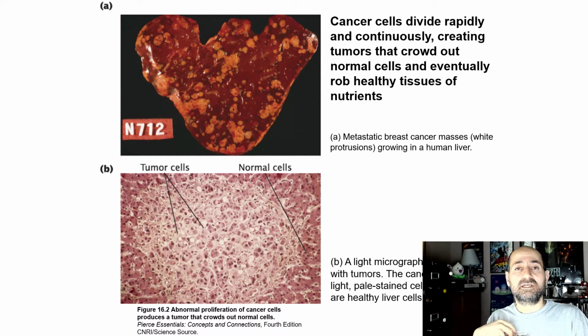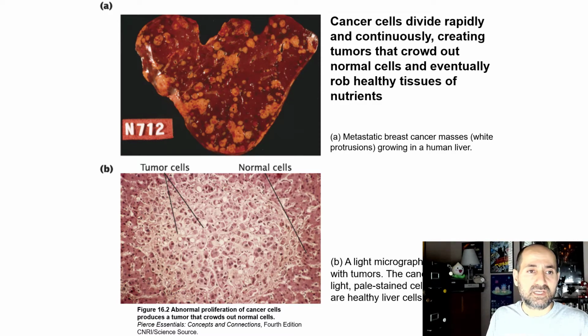At some point, it spreads from a lump in your breast, it spreads to the liver, it spreads to the lungs, it spreads to the bone marrow, it spreads to the spinal cord, it spreads everywhere. That's called metastasis. And that's how they could figure out what type of cancer you have, even though they took a biopsy from a different tissue.